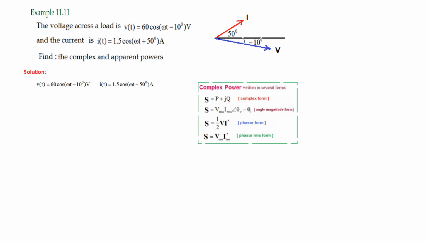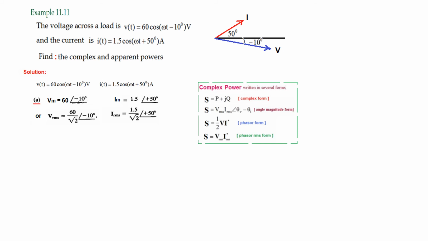Let's say I want to use this formula, then I have to find Vrms and Irms. So first I write it in phasor form. V maximum or V phasor is the magnitude and the angle minus 10, and here also it is 1.5 and the angle. And for RMS we divide by root 2.